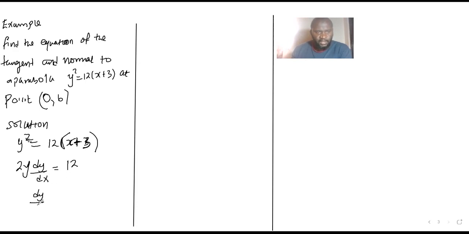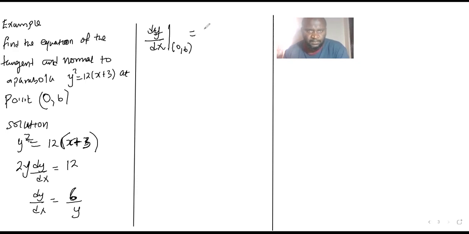So dy/dx is equal to 6 out of y. Now, the gradient function dy/dx at the point (0, 6), when y is 6, we shall have 6 out of 6, and the gradient m is going to be 1. So that is the gradient of the tangent.